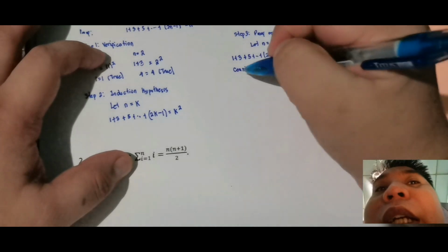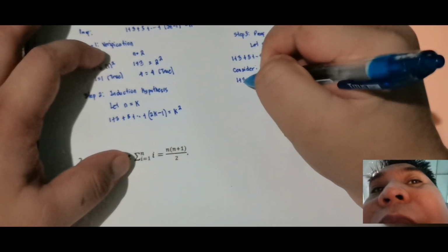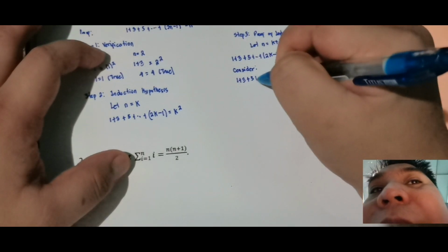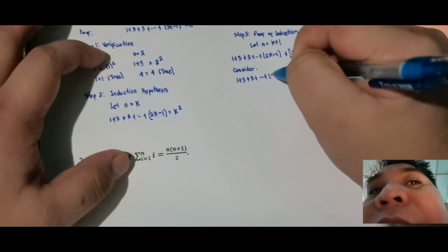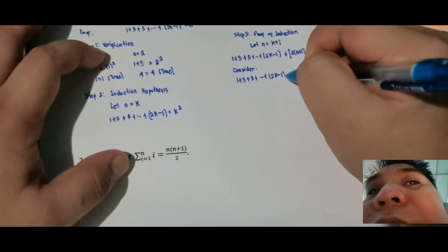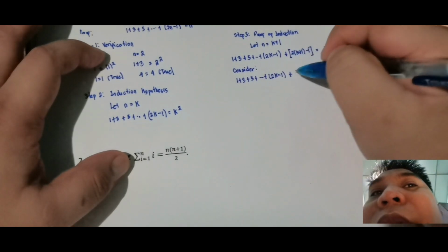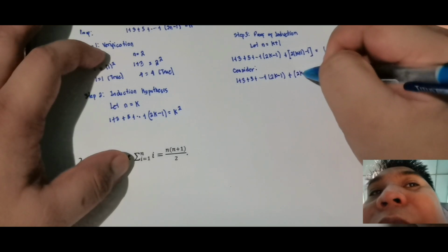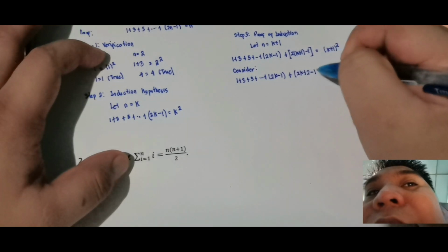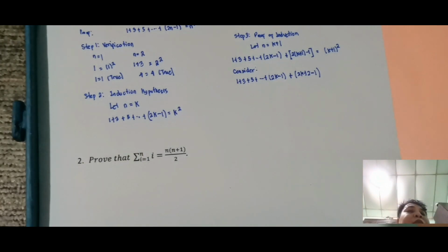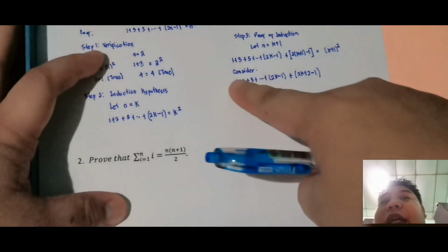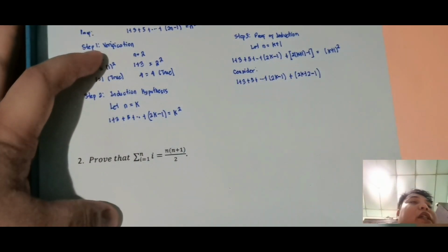Okay, so consider. Si 1 plus 3 plus 5 plus dot plus 2k minus 1 plus, solve ko na to. This is 2k plus 2 minus 1. Okay, so ang goal ko, kailangan at the end ng proof maging k plus 1 raised sa 2 siya.